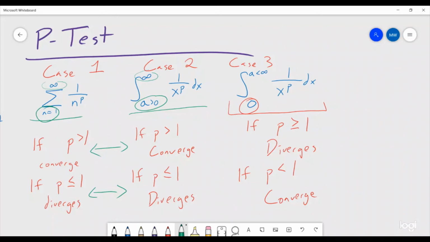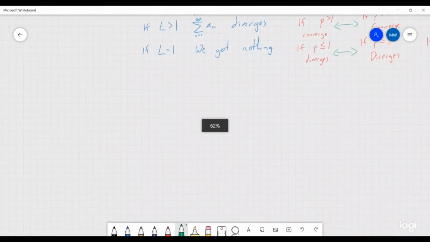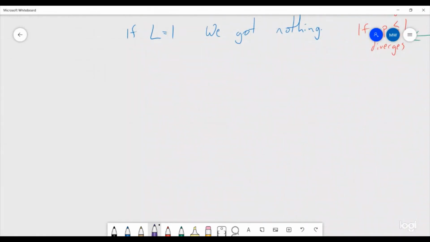Let's see, we got the comparison test. So the comparison test has 2 situations again.